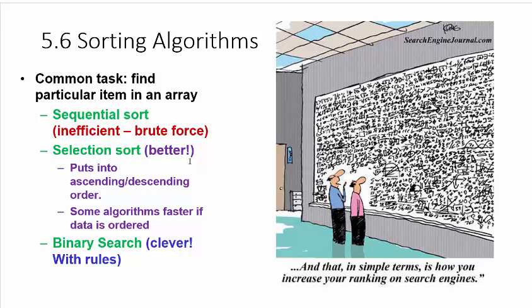It puts your list or your array into either ascending or descending order, and then your algorithm for finding a particular item can work much faster. For example, if you're looking for a particular number, you can sort it from highest to lowest or lowest to highest, and once you find that number you don't have to continue searching through the list.